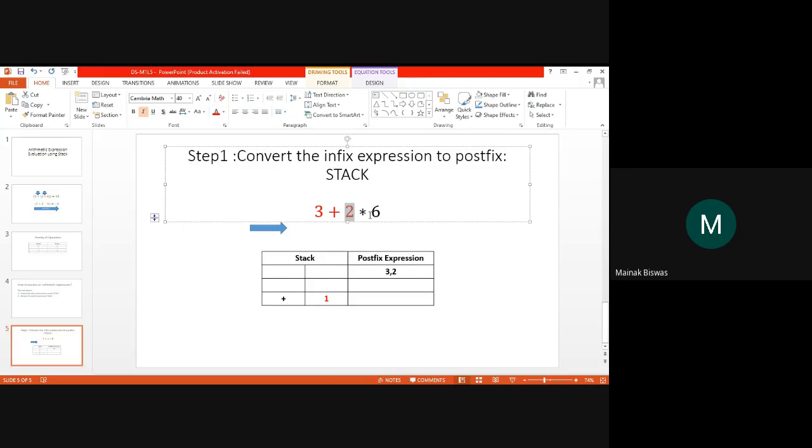Now the operator we get is multiplication. When we get a multiplication operation, we have to check its priority against the top of the stack to see if it's higher or lower.